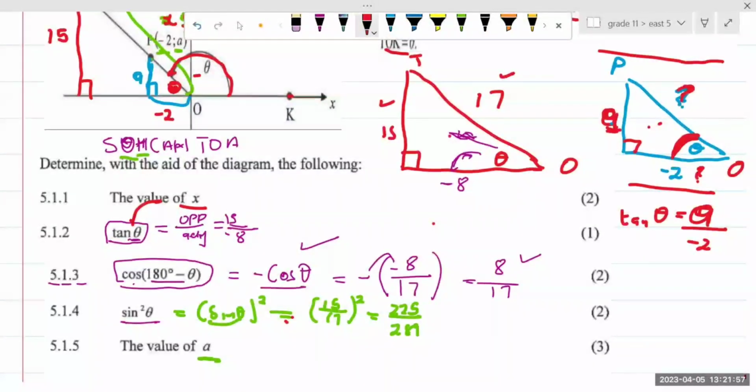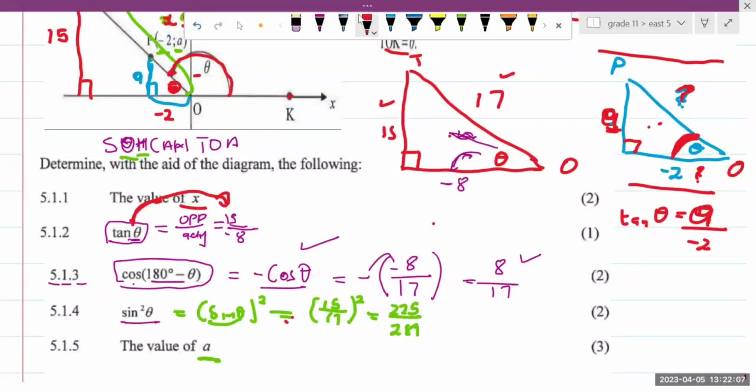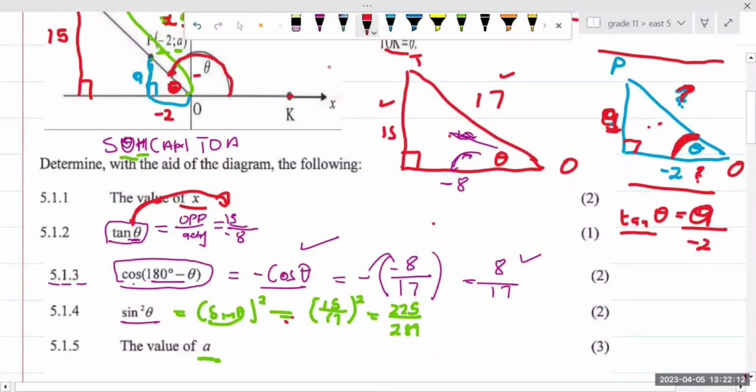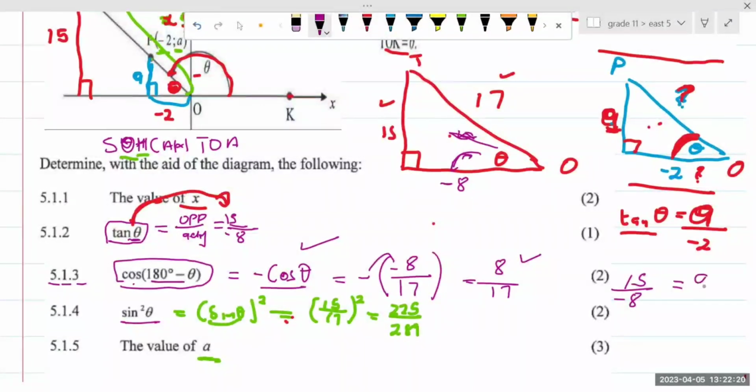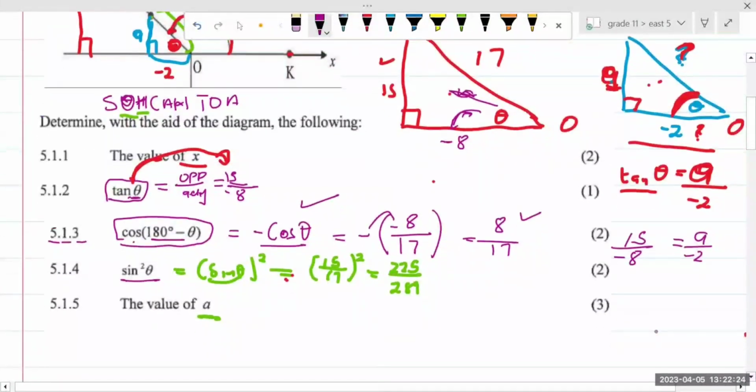What is tan of theta in the bigger triangle? 15 all over -8. So instead of writing this as tan of theta, I'm going to write it as 15 all over minus 8, which is going to be equal to A all over minus 2.